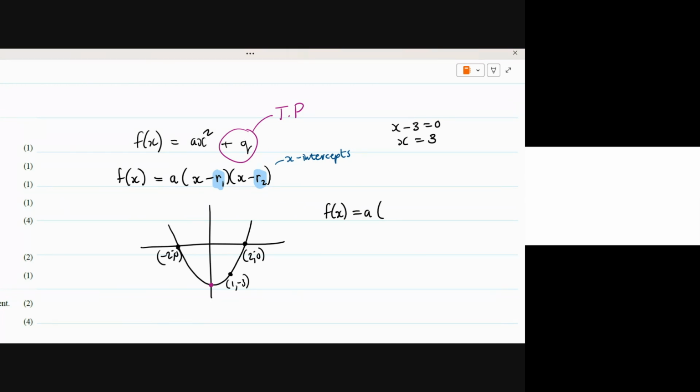So when they've given me the point -2, what they're actually telling me is that x is equal to -2. So when I put it back into the bracket, I need to change the sign. So the sign over here will be x plus 2. Does that make sense? Same with this one over here.